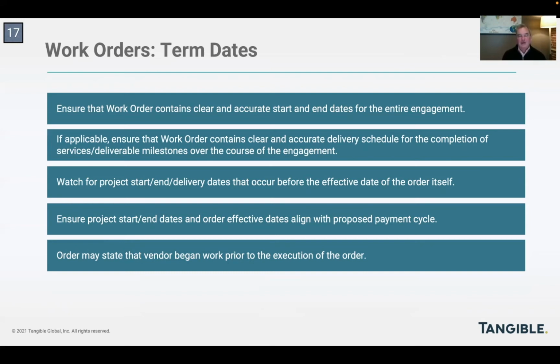Those phases, generally speaking, feel like a transition phase as a vendor takes over the function, a stabilization phase as a vendor moves out of transition and starts to deliver the services, and then finally steady state where the vendor is delivering the services in a routine fashion when the service levels kick in.